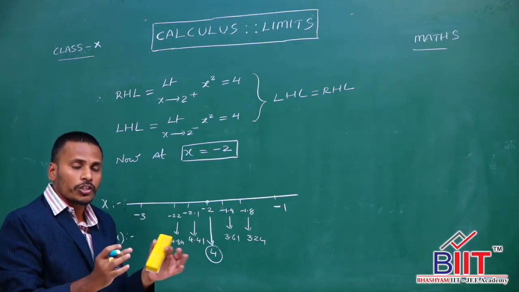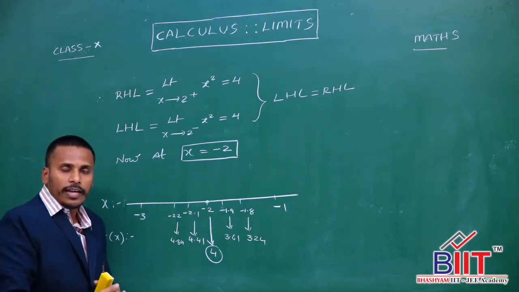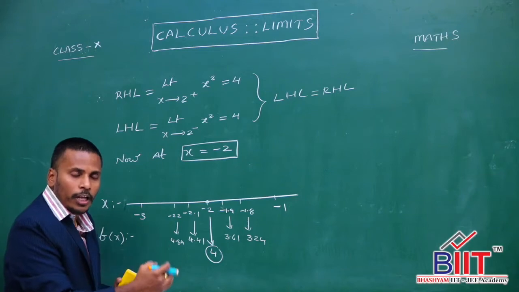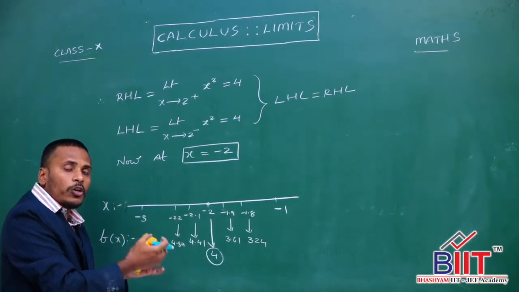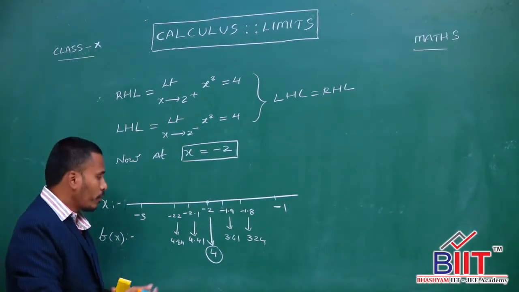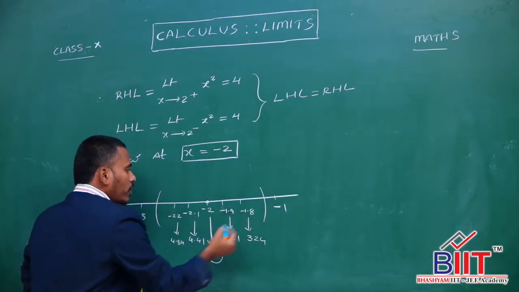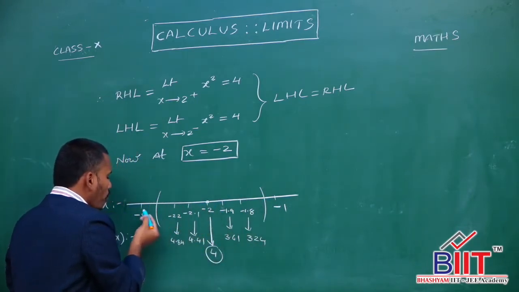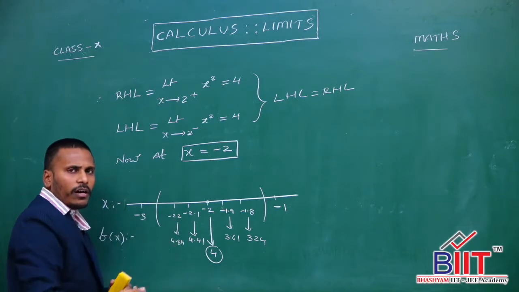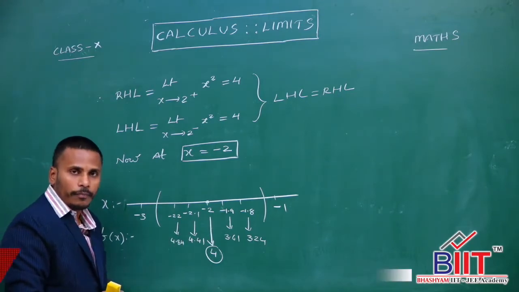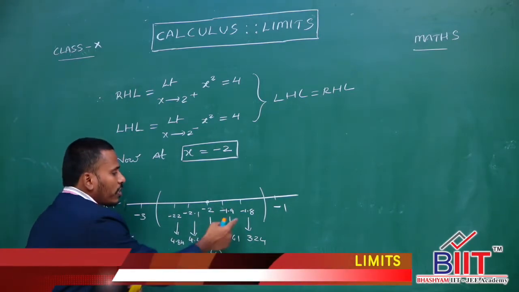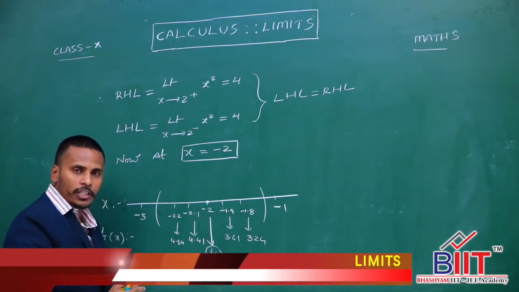And now you just concentrate on the neighborhood of minus 2, certain values in the right side of minus 2 and certain values in the left side of minus 2. Okay, just have a look here. See, minus 1, minus 2, minus 3, this is the way we represent numbers on the number line. In the right side of minus 2, these are the values minus 1.8, minus 1.9.